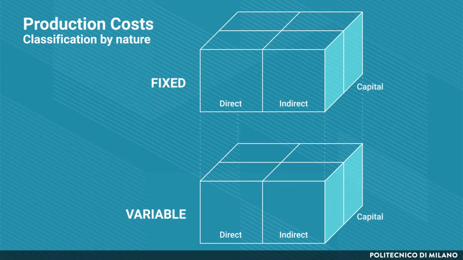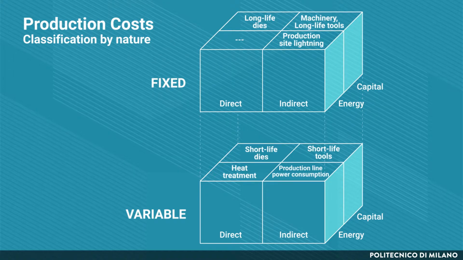When considering capital and energy costs, for the sake of convenience, we may focus, for instance, on the cost of dyes, which are basically direct costs since they are directly related to the product. If we are considering a very long life dye, which is, for instance, printing millions and millions of pieces, then this type of cost could be easily considered as fixed with respect to a very small increase in the production volume.